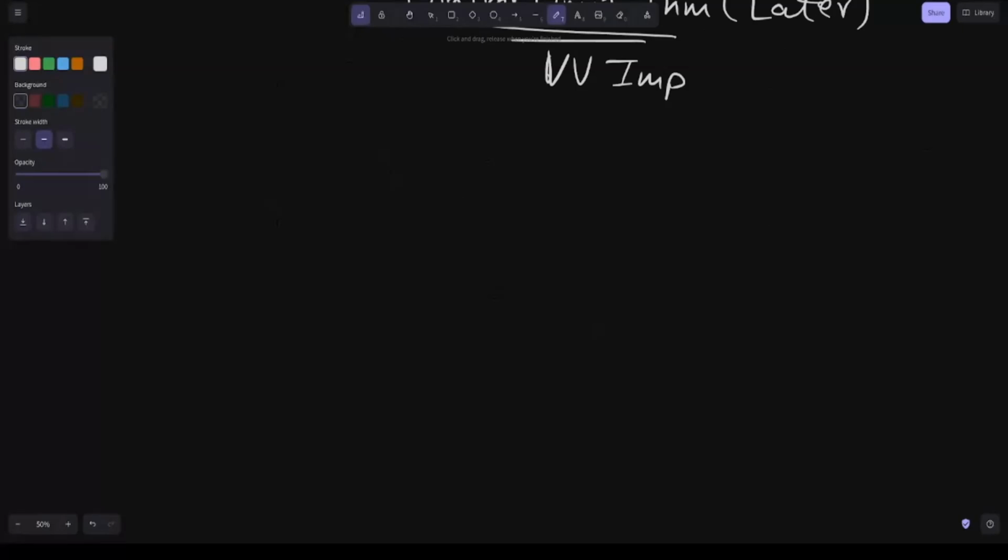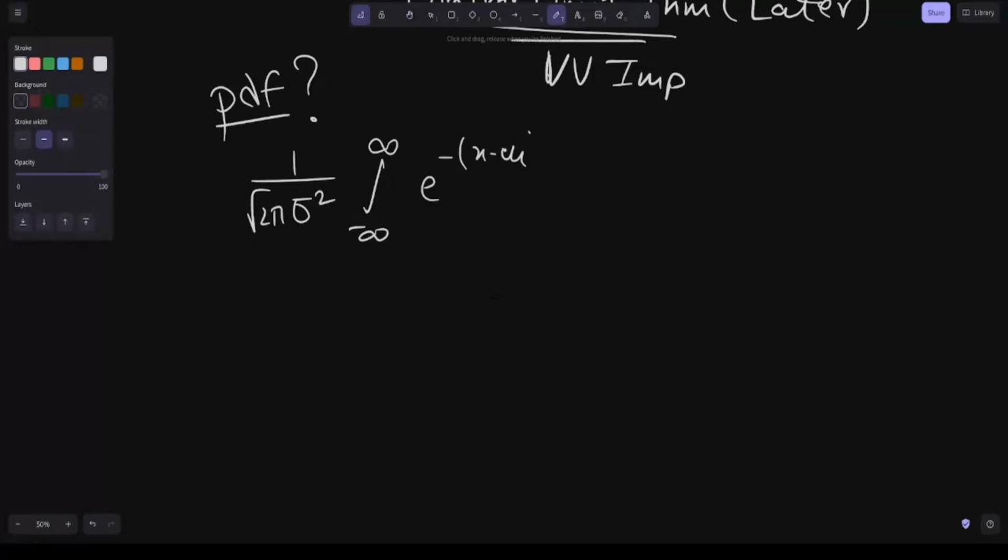Now we first say, how is it a PDF? We need to prove that by integrating it. So I'll do the integration from minus infinity to infinity of 1 by root over 2 pi sigma square e to the power minus (x minus mu) whole square by 2 sigma square dx, which should equal 1.